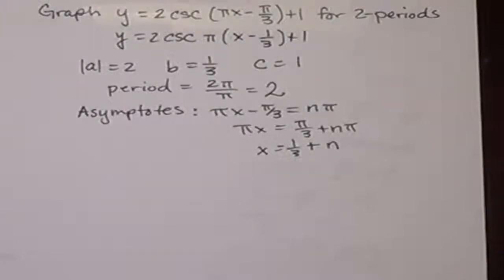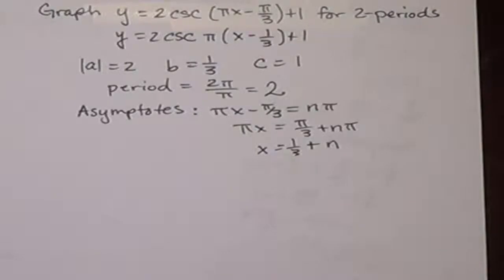So here we can see that y equals 2 cosecant of pi times the quantity x minus a third plus 1. So our amplitude is 2, our phase shift is a third, c is 1, so we're going to shift it up 1 unit. The period for this graph is 2.